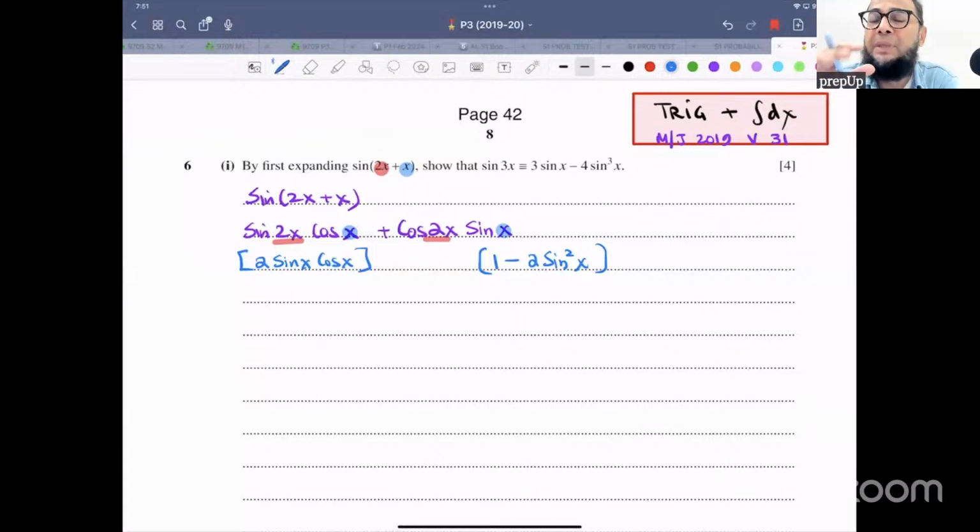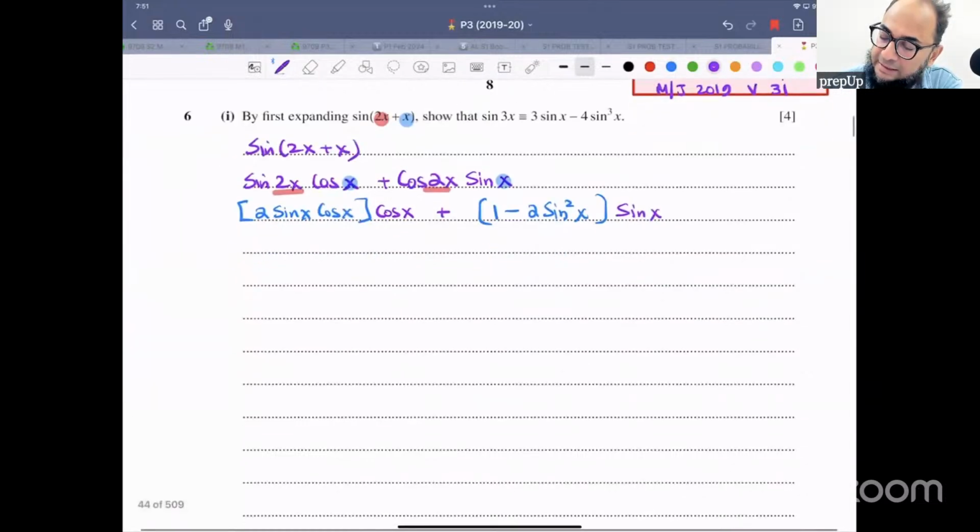For those people who are not so thorough with that, take out your formula booklet, MF19, flip the page and have a look at it. So now over here, this is cosine x plus sine, and over here, this is sine x. So the two formulas that I have used over here, let me highlight them.